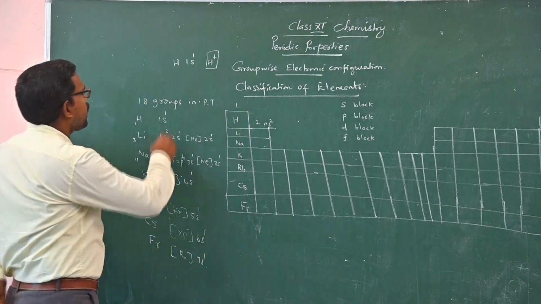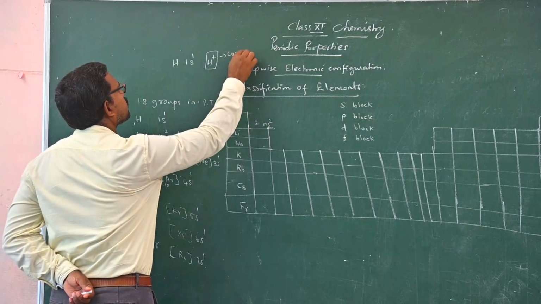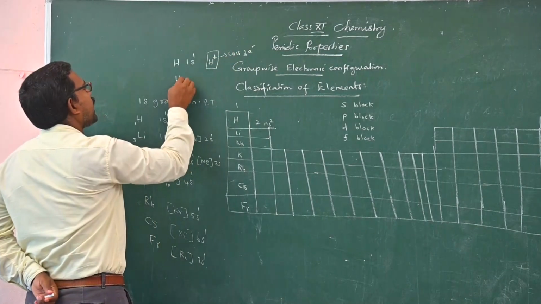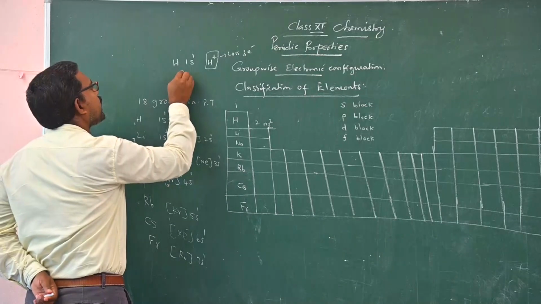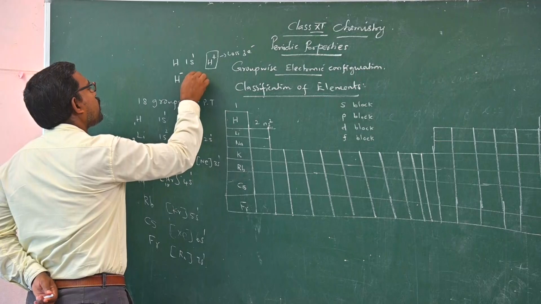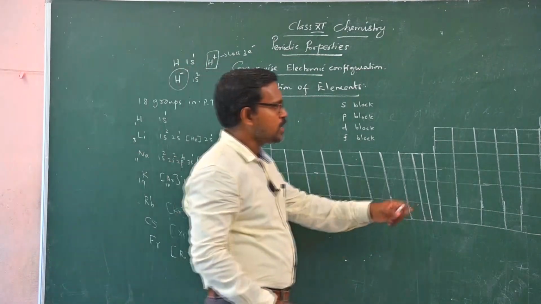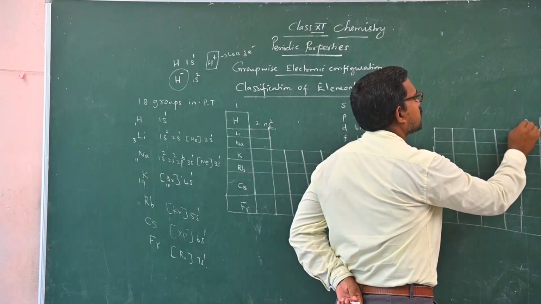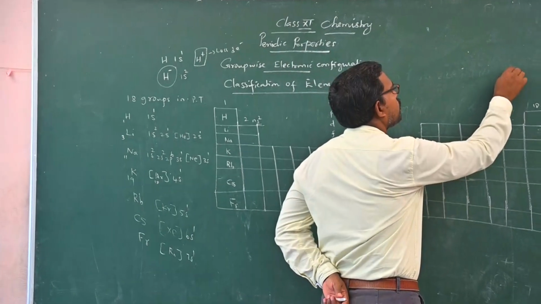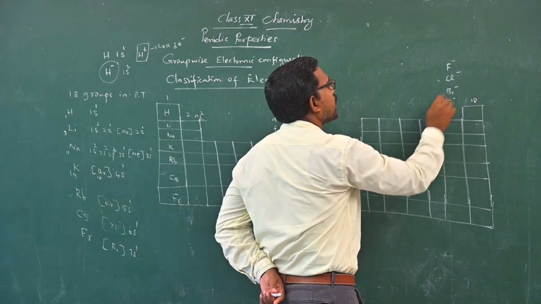In another way, hydrogen gains 1 electron, forming H minus, with the electronic configuration 1s2. It has the tendency to form halide ions like F minus, Cl minus, Br minus, I minus.